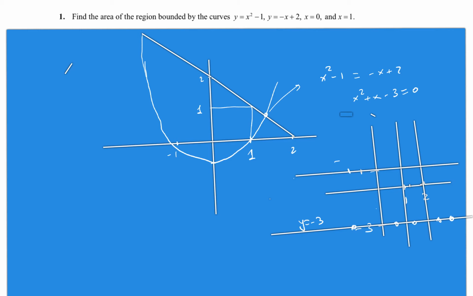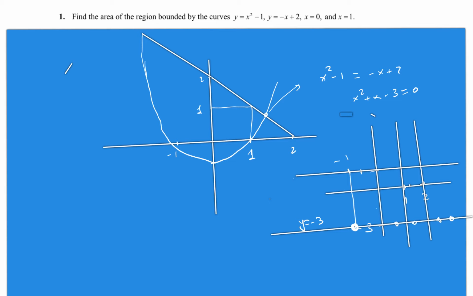Maybe this point is minus 1, minus 3. But the line y equals minus 3 is the horizontal line whose points have y equal minus 3. Okay, so we have to find the region bounded by the curves.